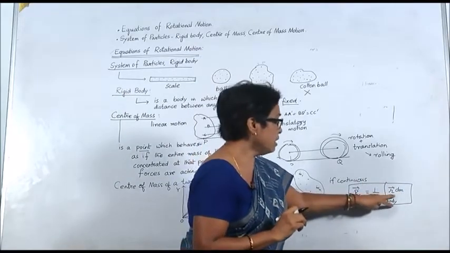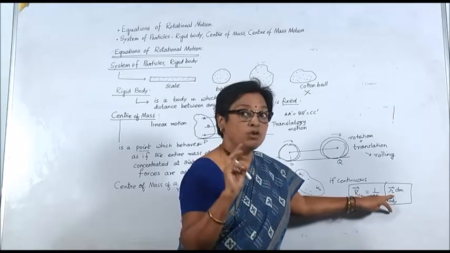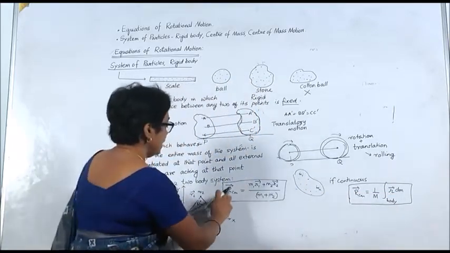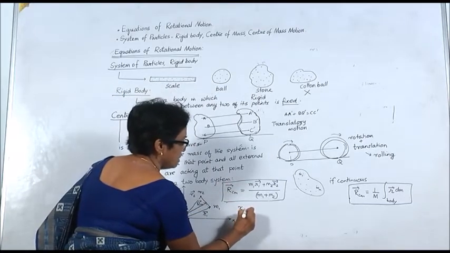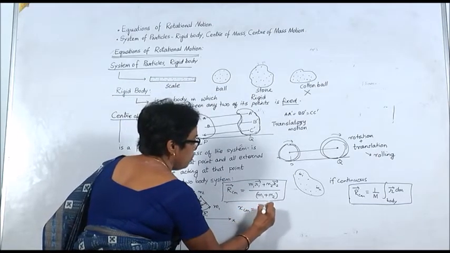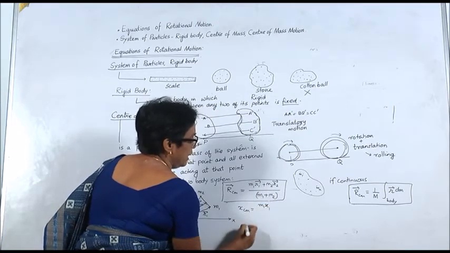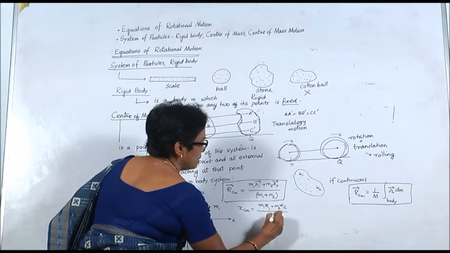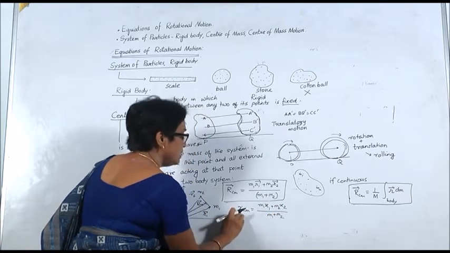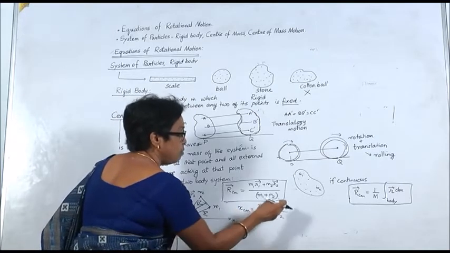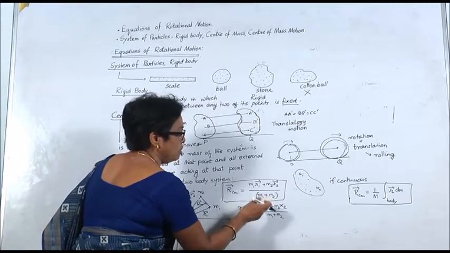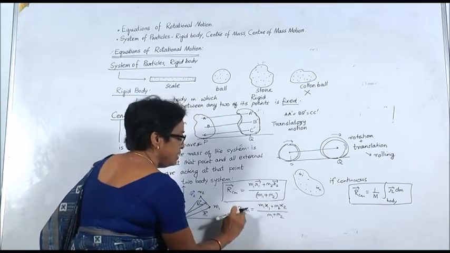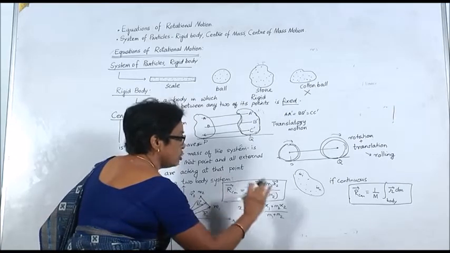Now, see, this is a vector, which means it has 3 components: x component, y component and z component. Similarly, if I write the components, the x component will be equal to m1 x1 plus m2 x2 by m1 plus m2. Since this is along the x direction, I am not giving the vector sign here, because this is a scalar quantity and I understand that this is along the x axis. The direction is already defined.